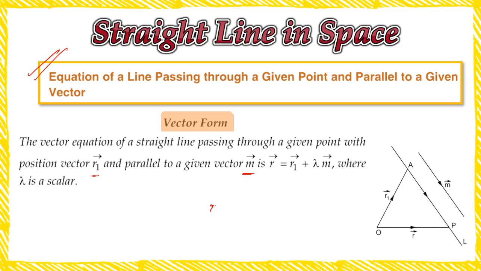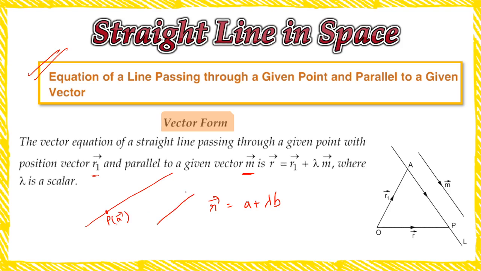Clear? Or simply we can say r will be equal to a plus lambda times b. If we get confused in r and r1, we can simply write r vector equal to a plus lambda b, where let's see there is a line which is passing through this point. Let's call it P, and the position vector of this P is a.